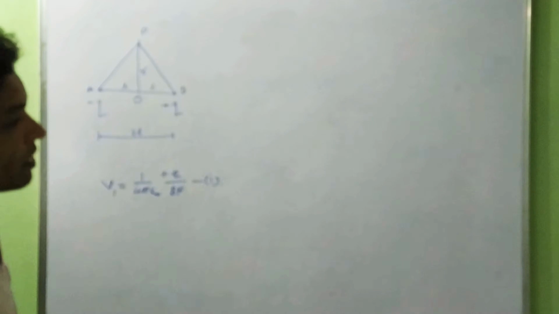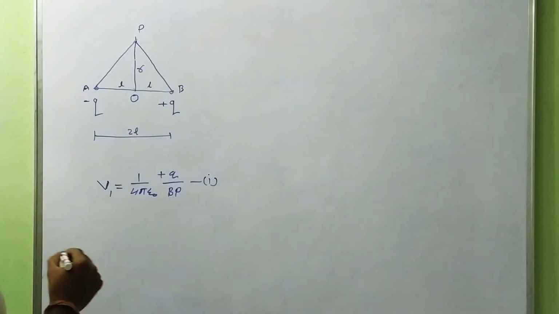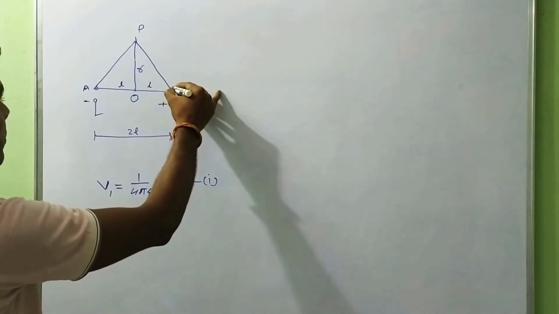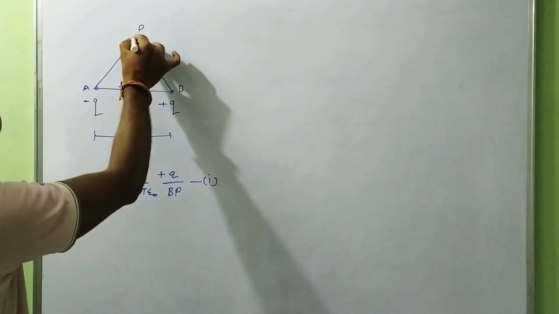The value of BP, you know, this is a right angle triangle, this is the hypotenuse of this triangle, this is the base, and this is the perpendicular.